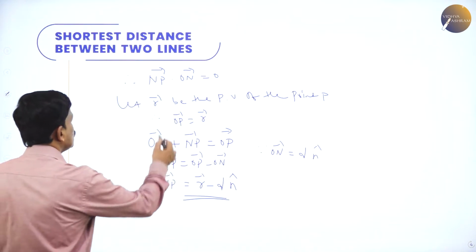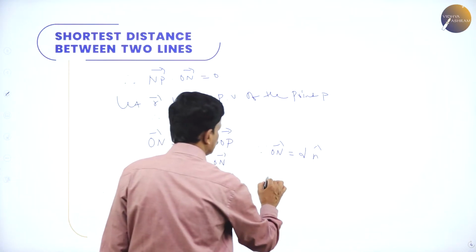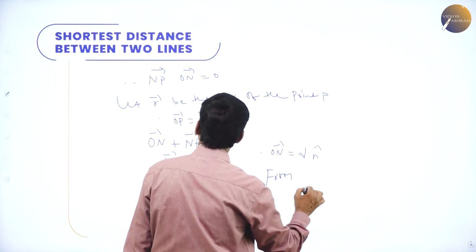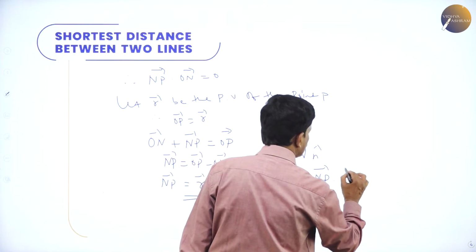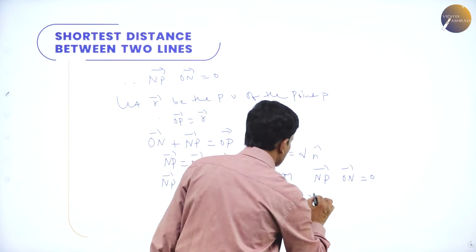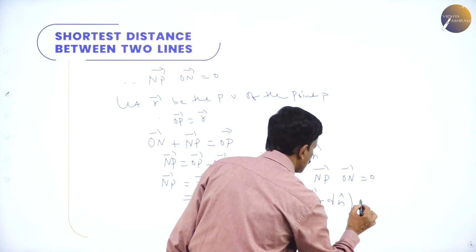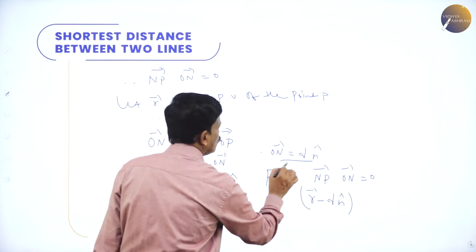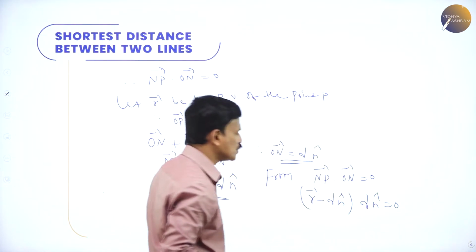Now, from NP dot ON is equal to 0, substitute NP, which is vector R minus D into N cap, dot ON, which is D into N cap, equal to 0.